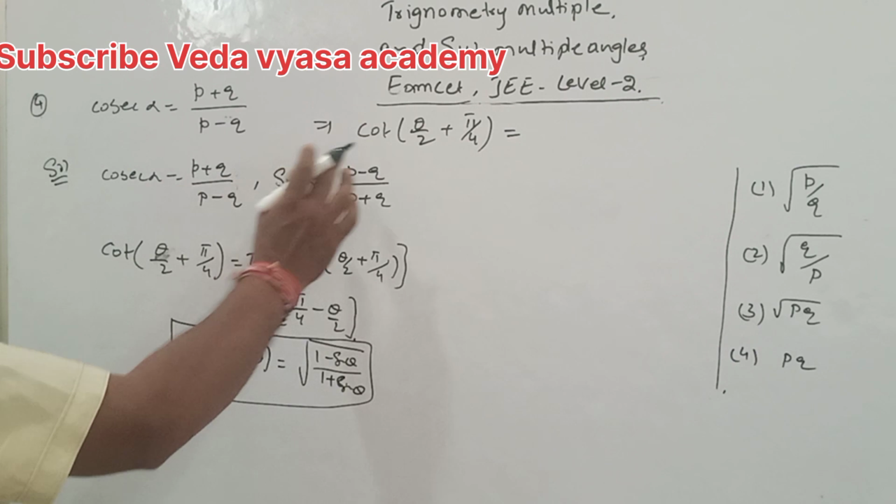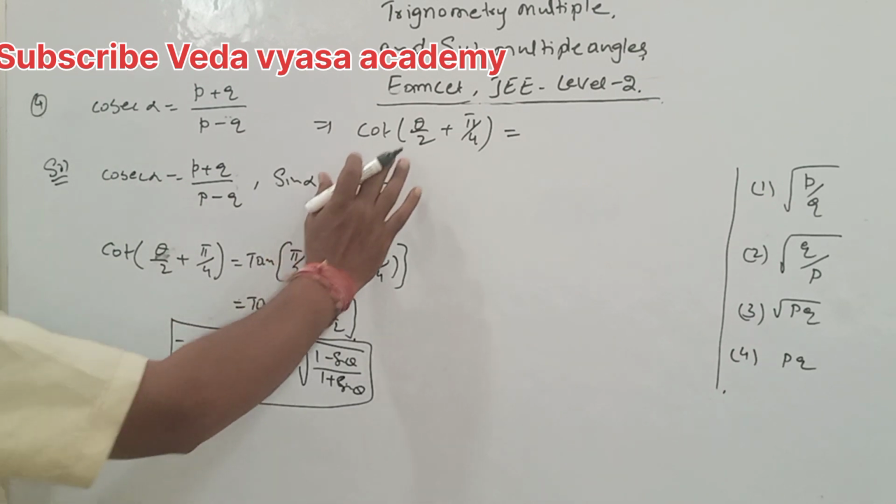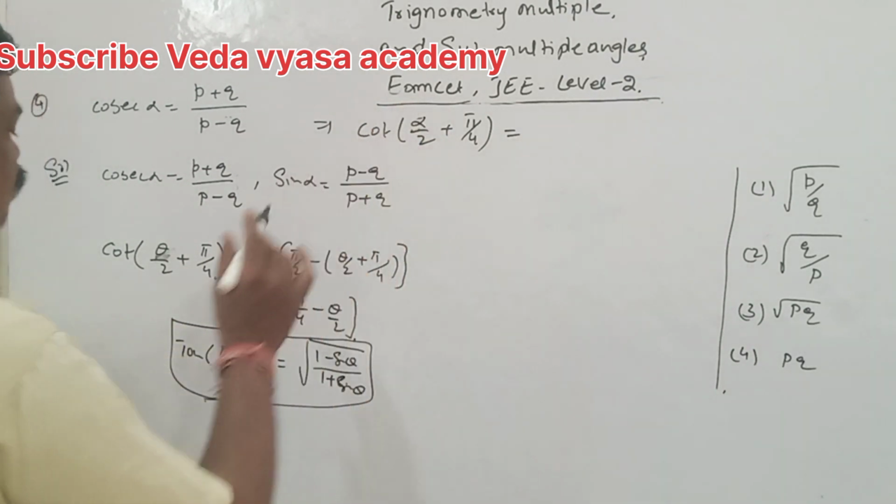So here we have theta by 2, which corresponds to alpha by 2.